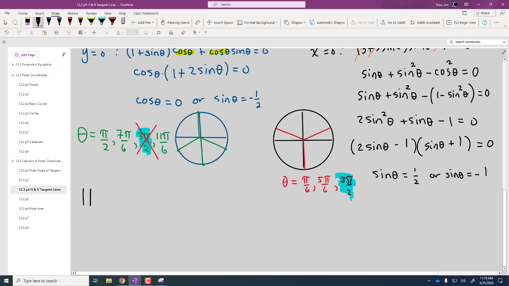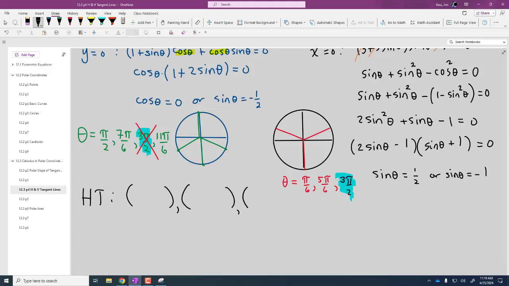So our horizontal tangents, if we list them as ordered polar points, so it's r comma theta, we've got our thetas, pi over 2, 7 pi over 6, and 11 pi over 6. So we've got our 3.